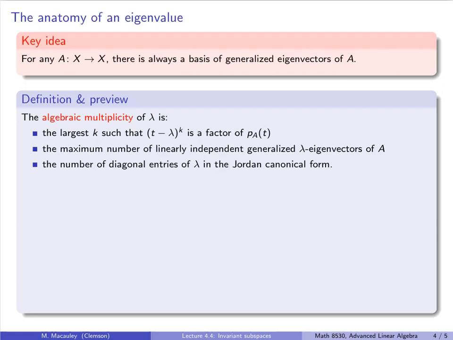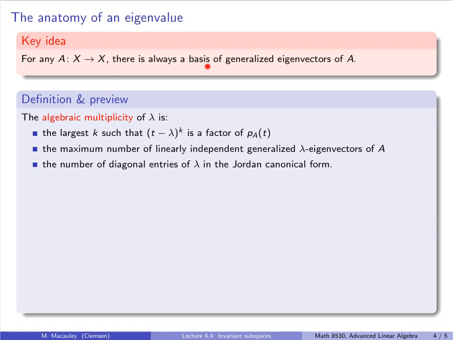It is also the maximum number of linearly independent generalized lambda eigenvectors of A. Now this is new term/notation, lambda eigenvectors, but I think it's clear from the context that this is just easier than saying eigenvectors of A corresponding to lambda. Now this is one of those things that I haven't yet established. It really depends on you believing this key idea that there is always a basis of generalized eigenvectors of A. And we'll get there soon.